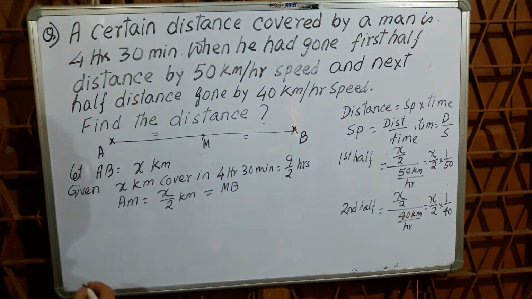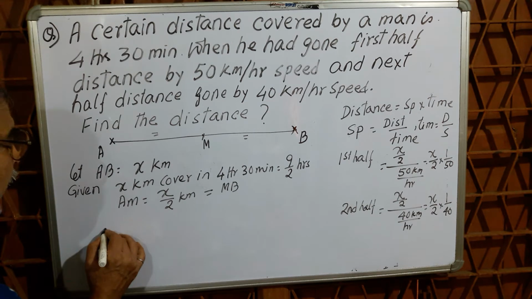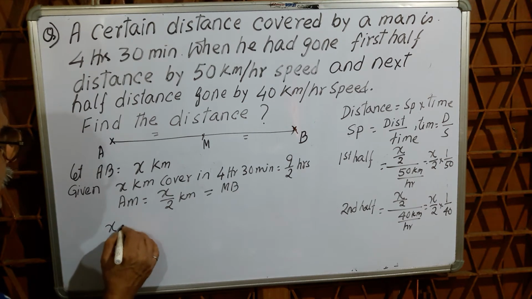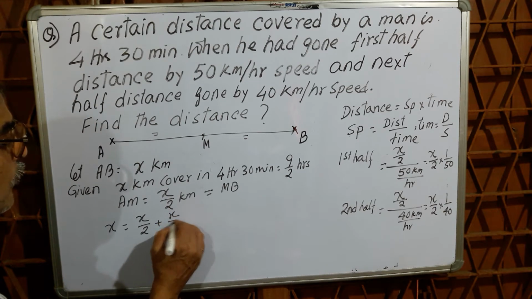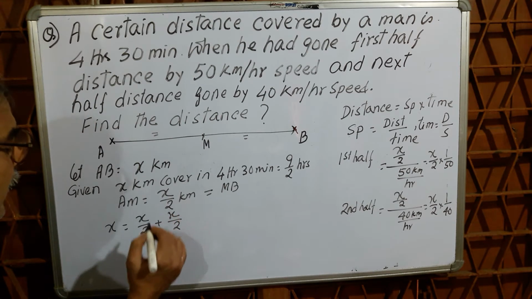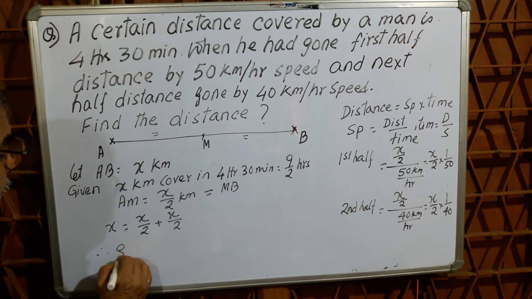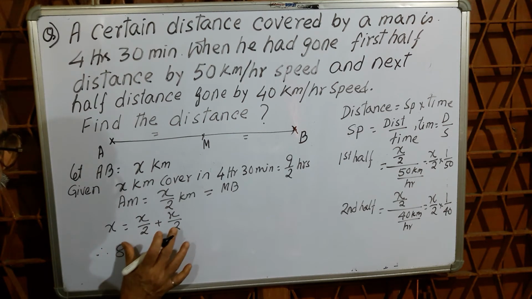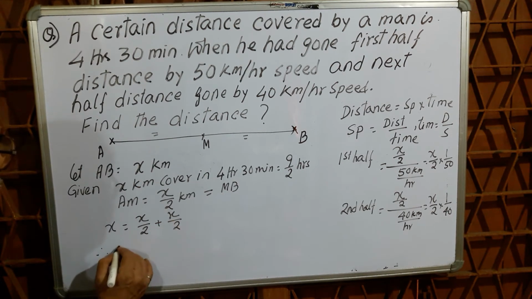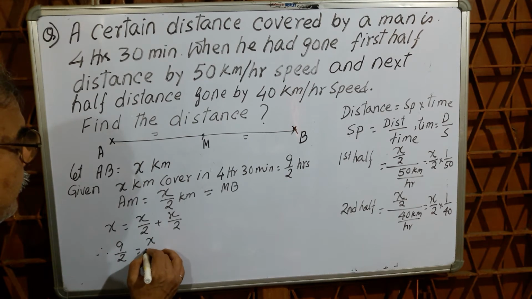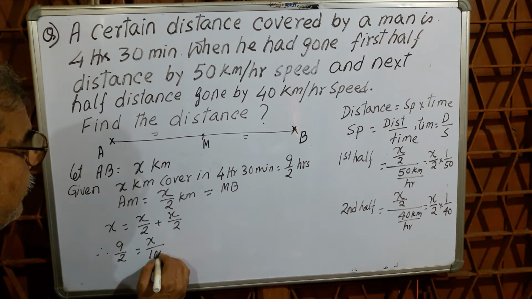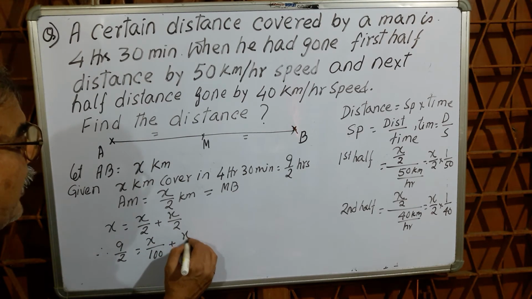So now you can write, x equal to x by 2 plus x by 2, this we know, therefore, sorry, it is 9 by 2 hours, 9 by 2 equal to x by 100 plus x by 80.